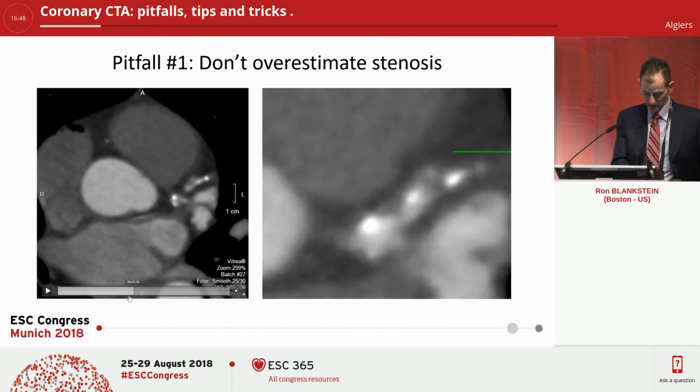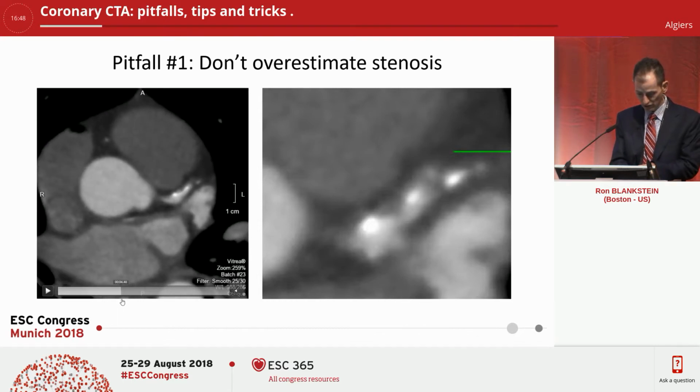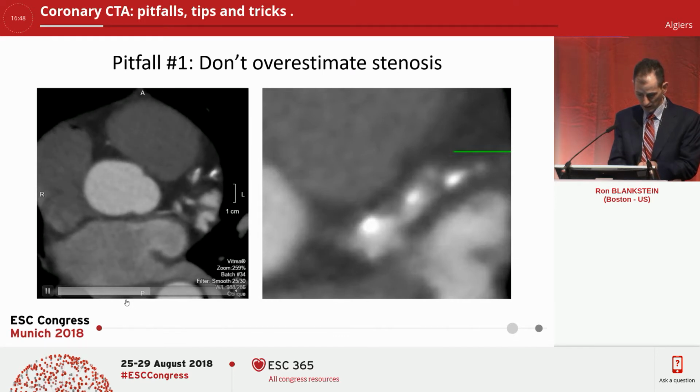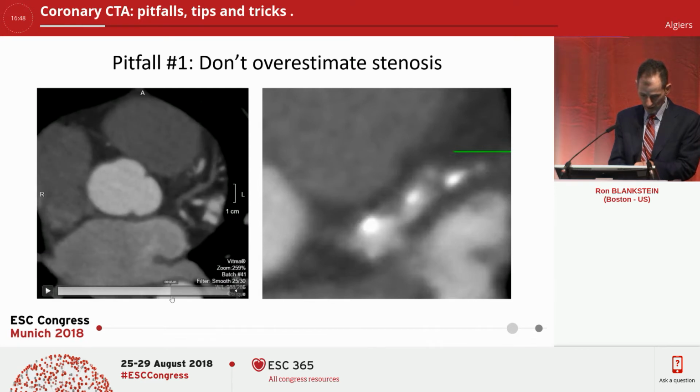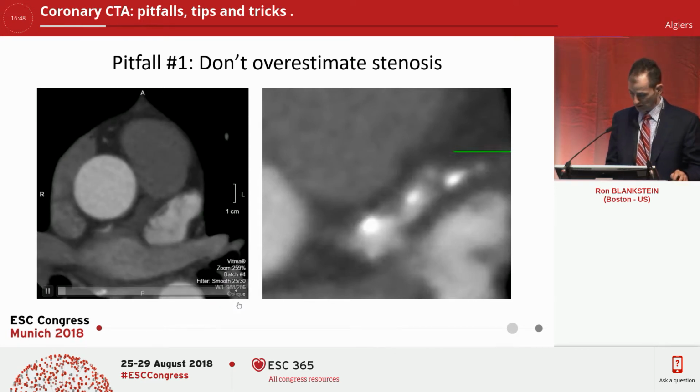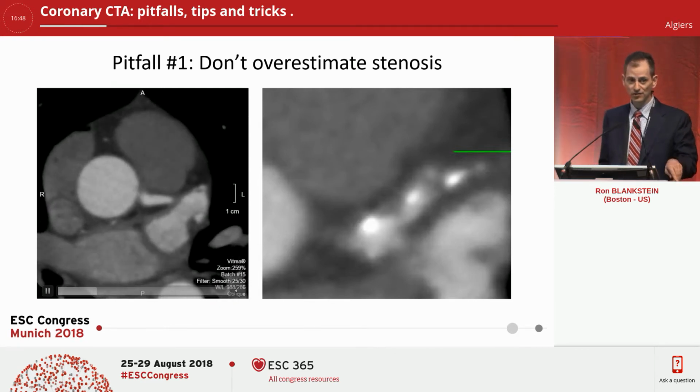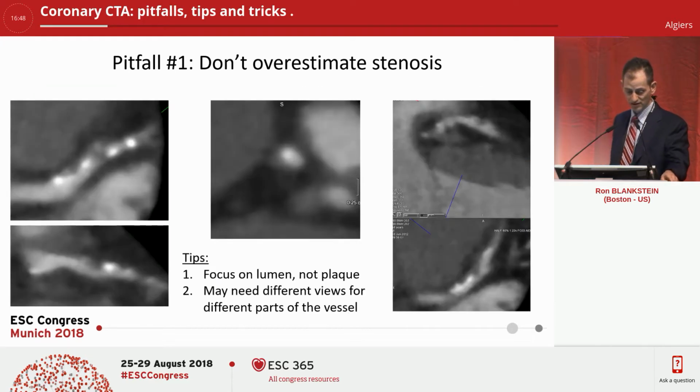But if we walk through these images and follow the lumen carefully proximally, you actually see fairly good lumen. There's an area here that's maybe a little more difficult to evaluate, and then the rest of the vessel looks okay. So how are we going to make the diagnosis regarding the severity of stenosis here?